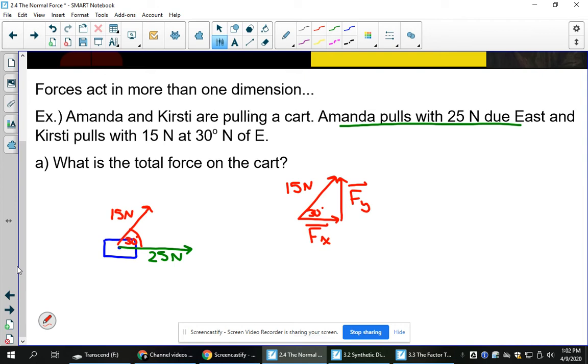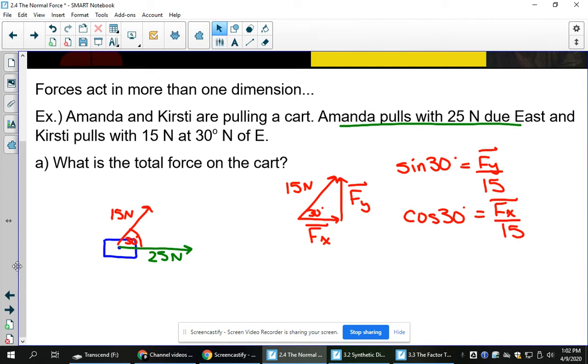So we're going to have sine 30 equals opposite over hypotenuse, and cos 30 equals adjacent over hypotenuse. So I'm going to use these in my future calculations. What I have is an x direction vector and another x direction that I need to add together.